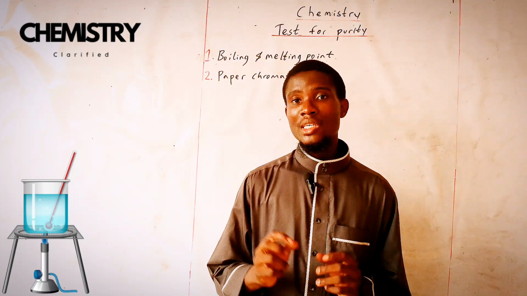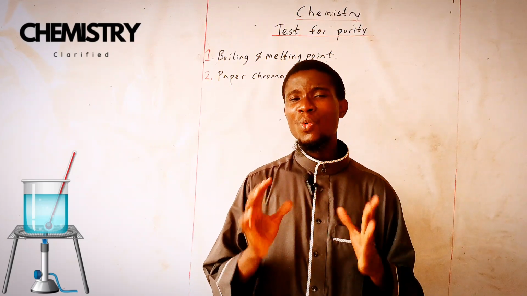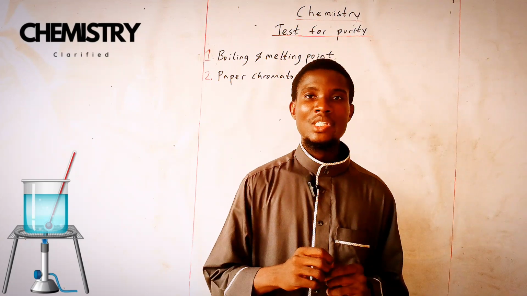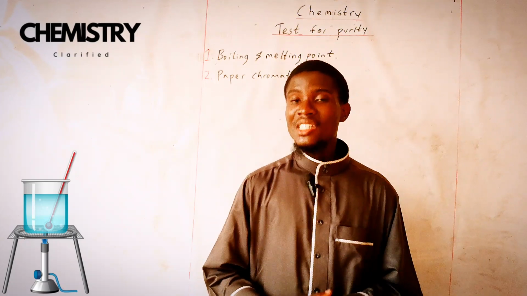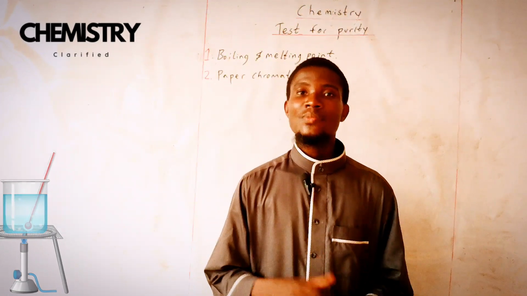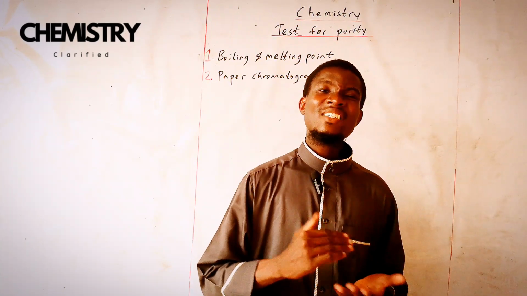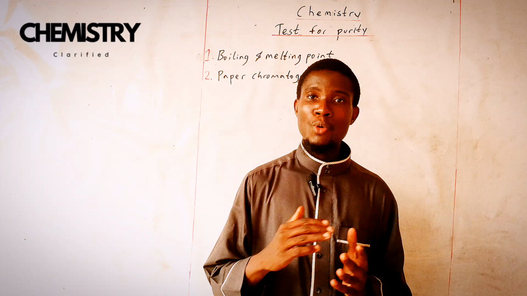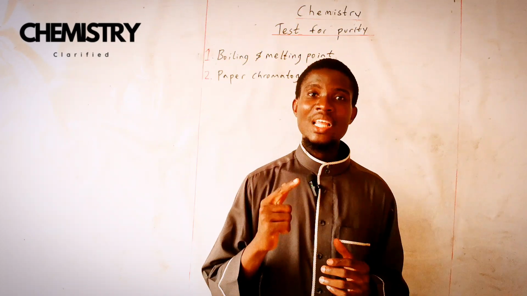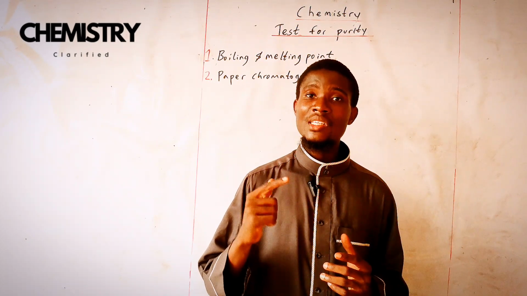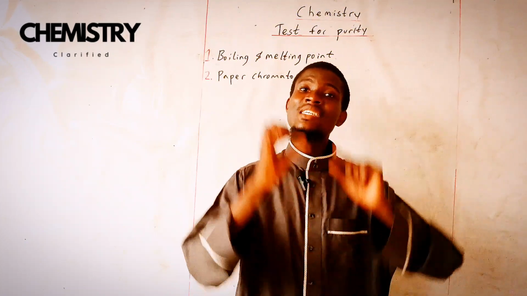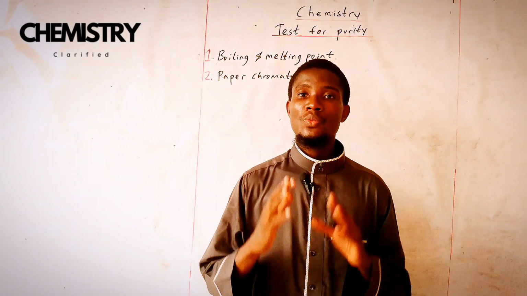What we can do is see if the water actually boils at 100 degrees Celsius using a thermometer, and if the temperature increased more than 100 degrees Celsius and the water hasn't boiled, that means the water still contains some impurity, because impurities increase the boiling point of liquids.